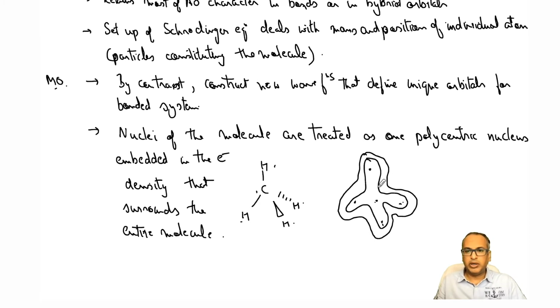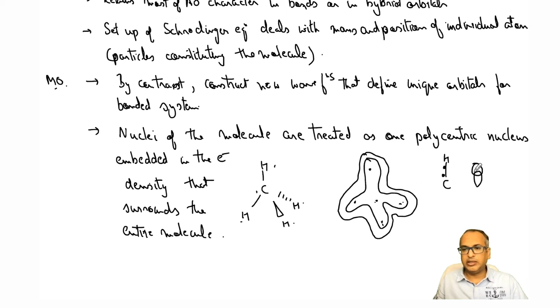Now look at the bonding description, which is different from valence bond. In valence bond, we had considered that in a CH bond there are two electrons, one shared from here and one from here, and there is a bonding orbital which overlaps like this.